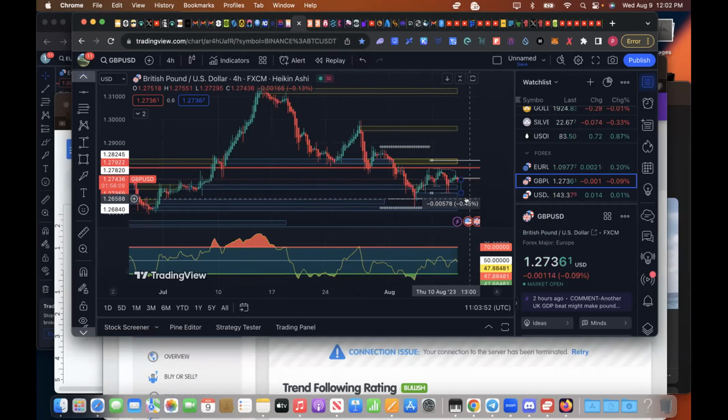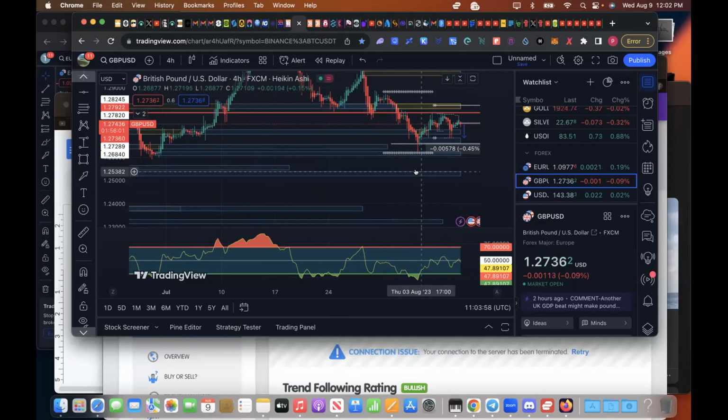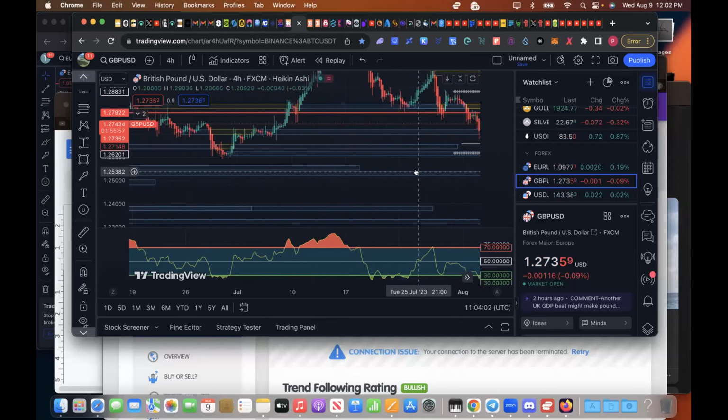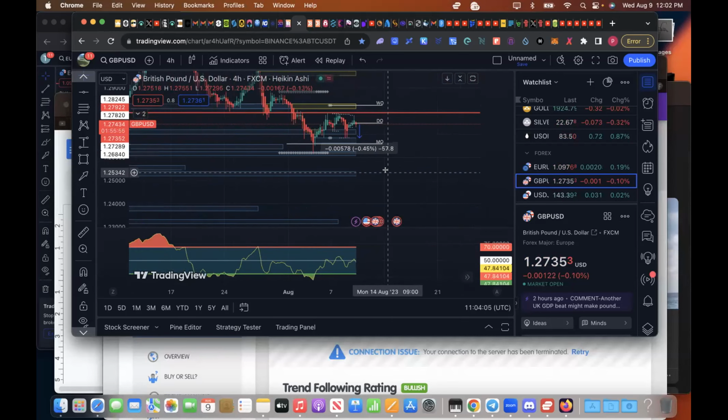And there's still more down. You break that region, then you can invariably come down to 1.2542, thereabout.